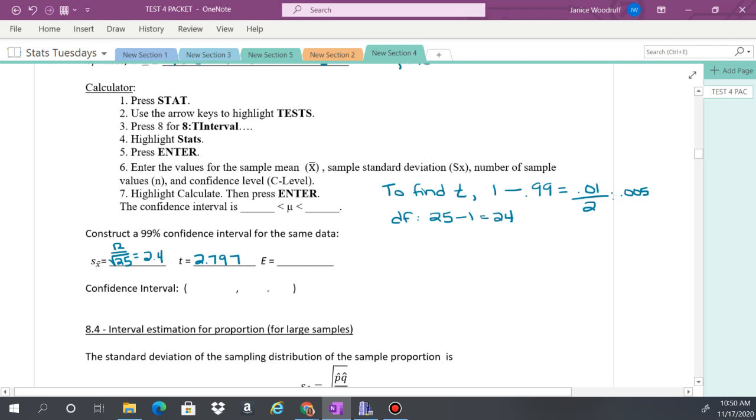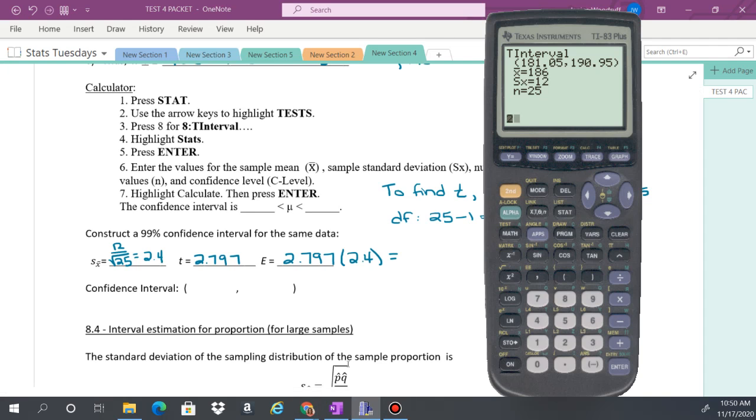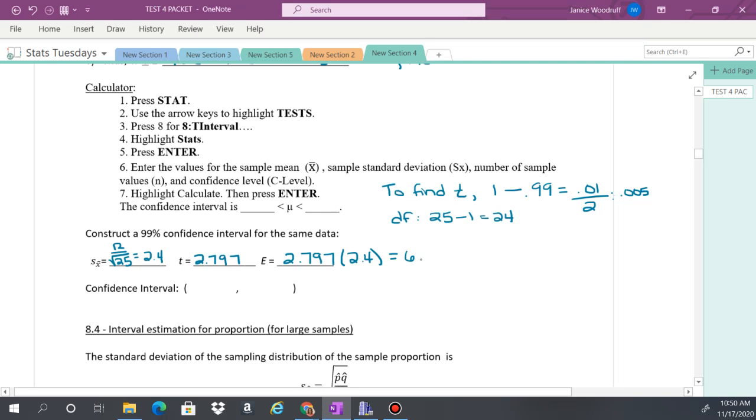Okay, then our margin of error is going to be t times standard deviation of x. So 2.797 times 2.4, that's going to be 6.7128.